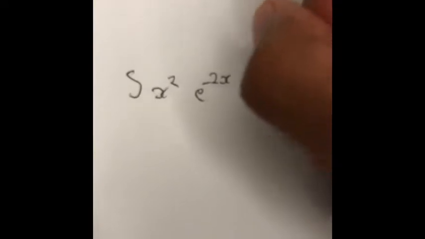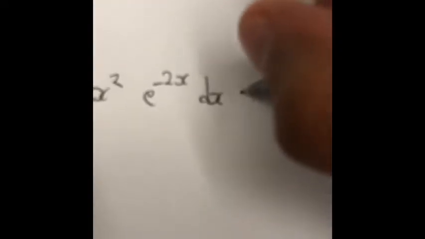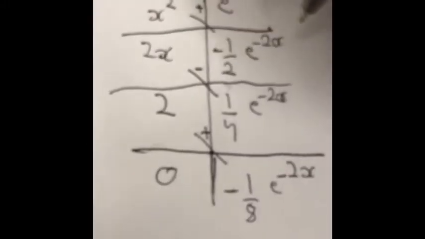So, the integration of x squared times e to the power negative 2x dx will be equal to negative half x squared e to the power negative 2x. Let's write it here, it's better. Negative half x squared times e to the power negative 2x.